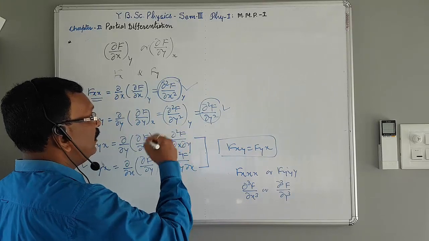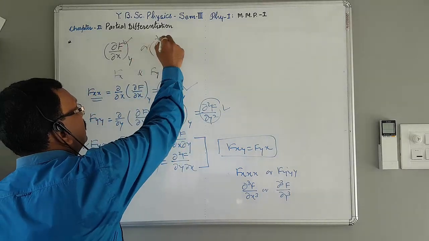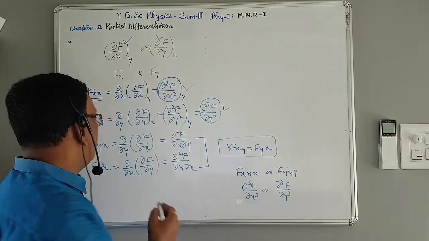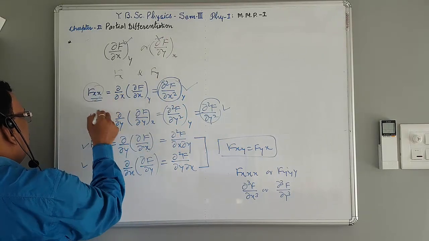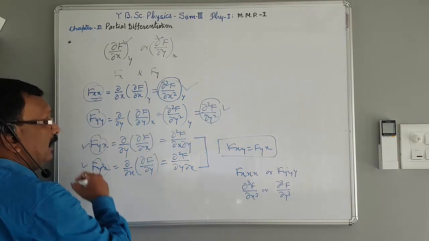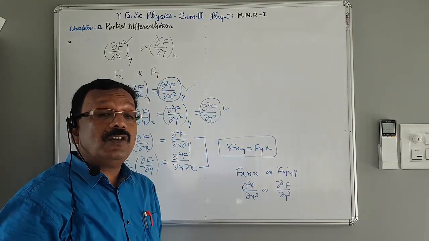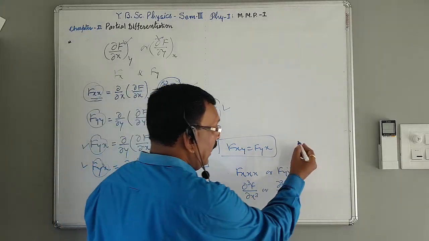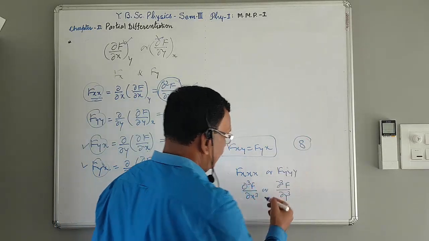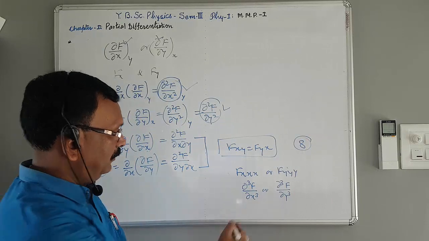It is found that in first order there are two derivatives, in second order there are four derivatives, this one and this one, and in third order there are 8 different derivatives like this.